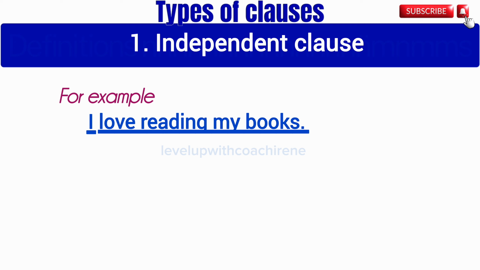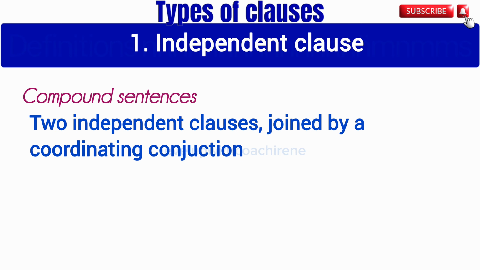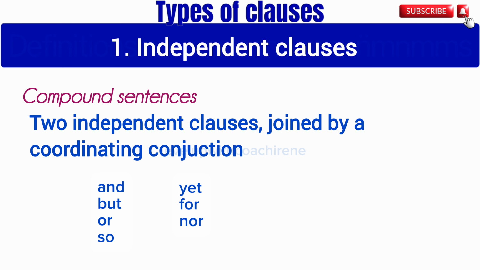Independent clauses can combine with other clauses to form more complex sentences. We have compound sentences. In this sentence, two independent clauses are joined by a coordinating conjunction like and, but, or, so, yet, for, or nor.